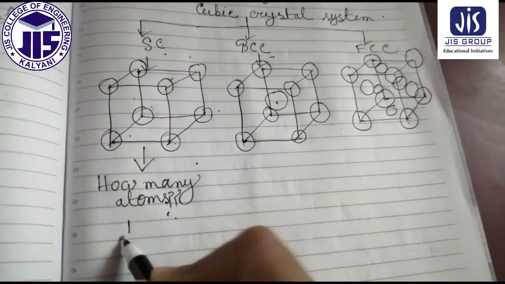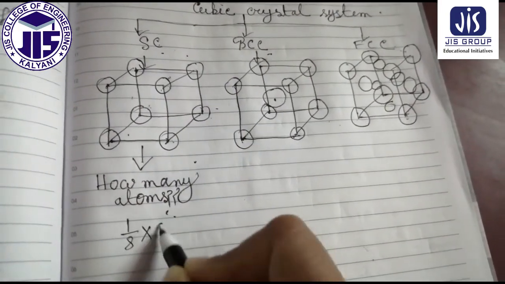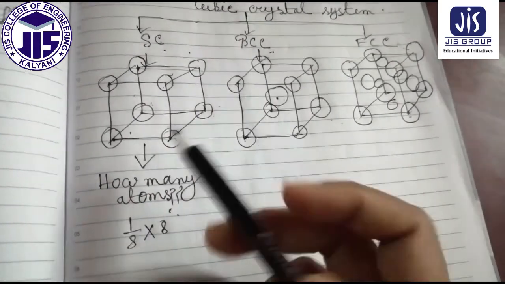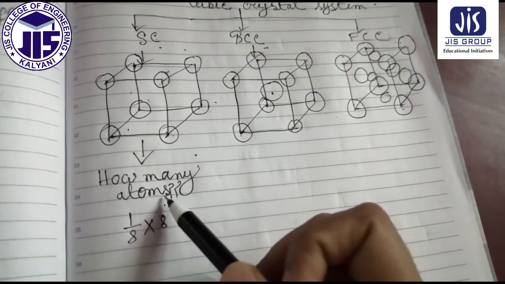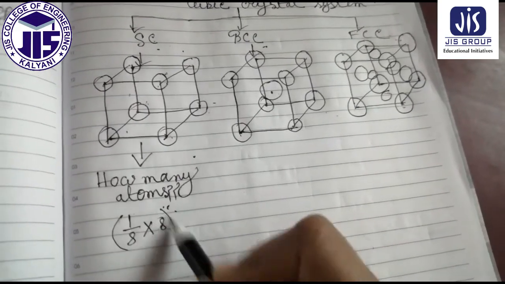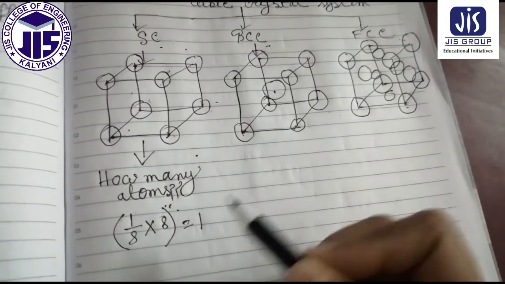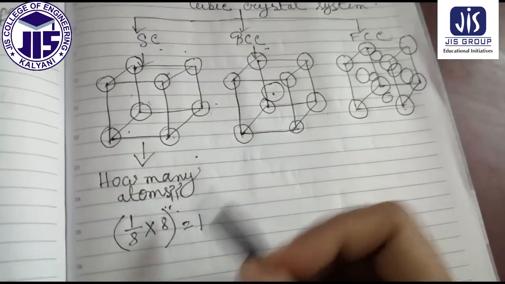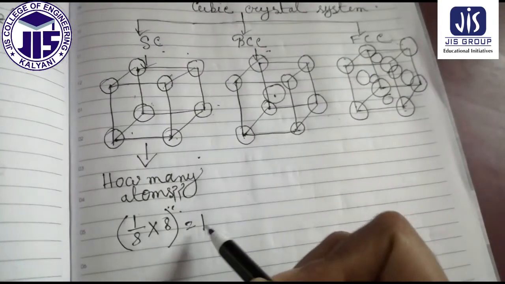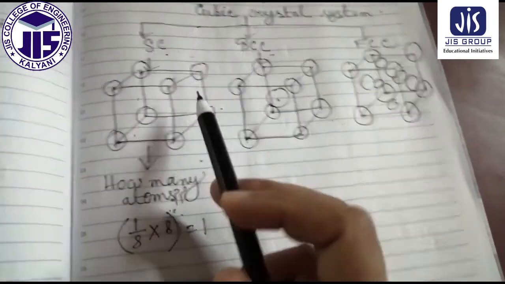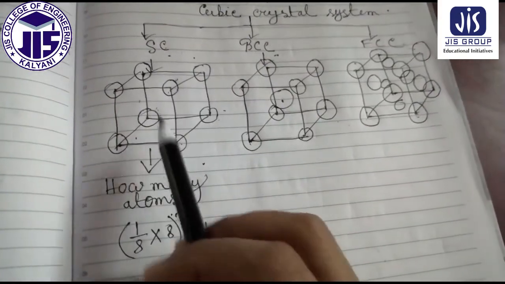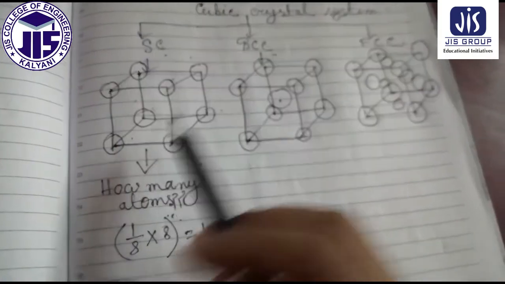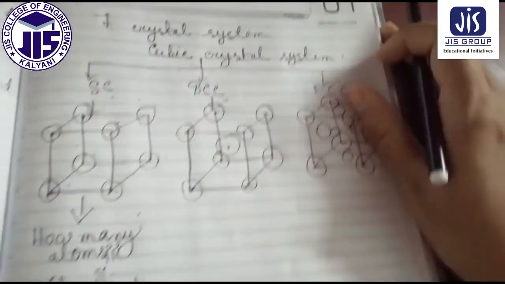That means 1/8 into 8, because 8 atoms are there and 1/8 from each atom. So finally 1/8 into 8 equals 1. Therefore the resultant number of atoms is only 1, not 8, though at the 8 corners we can see 8 atoms. This is about simple cubic crystal.